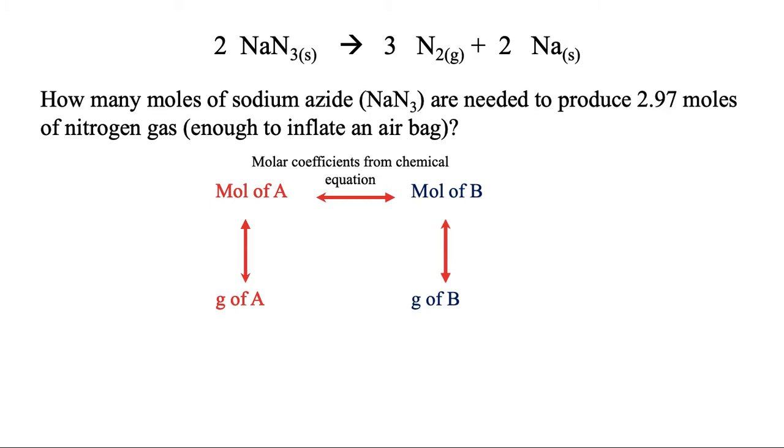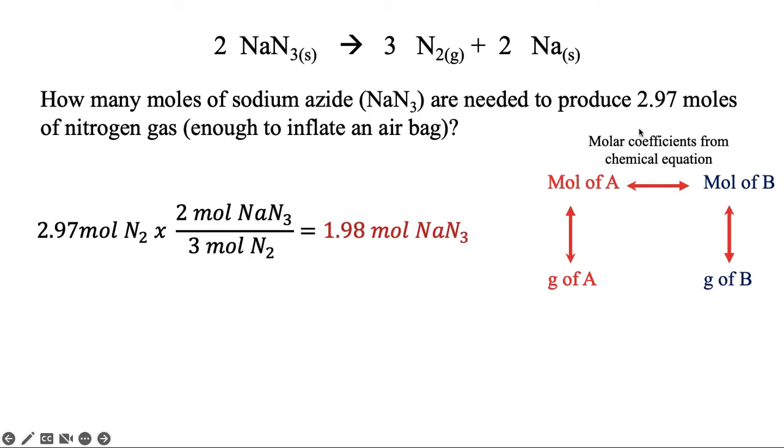So let's solve this problem. Always start with the amount that you are given in the problem. Never start with molar coefficients or the molar masses. So I'm given 2.97 moles of nitrogen, and I start with that. So I write 2.97 moles of nitrogen multiplied by, now I can write the molar coefficients as a fraction. This becomes my conversion factor.